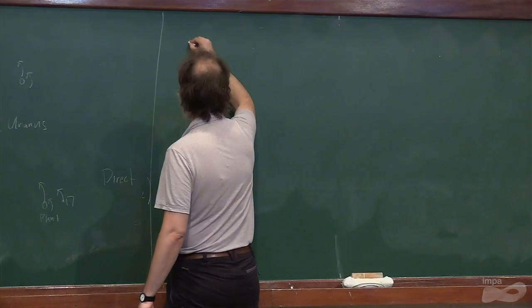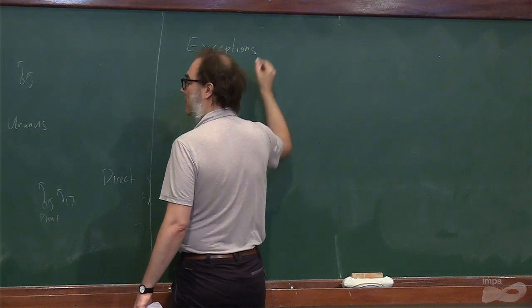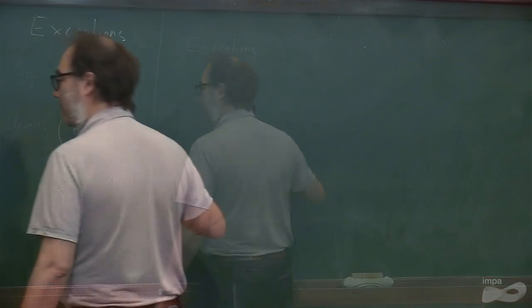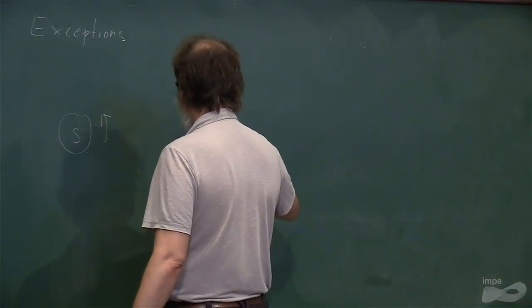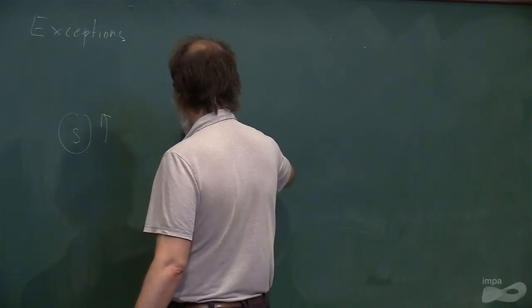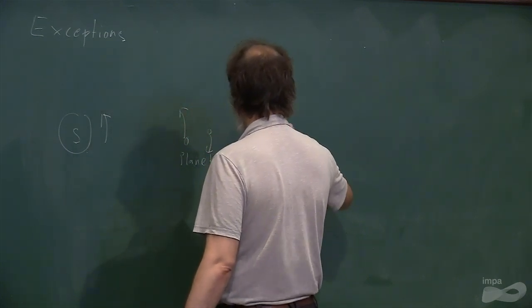Now, so exceptions. This sun like this. Then we have here a planet going like this, and the moon goes opposite. That's retrograde.